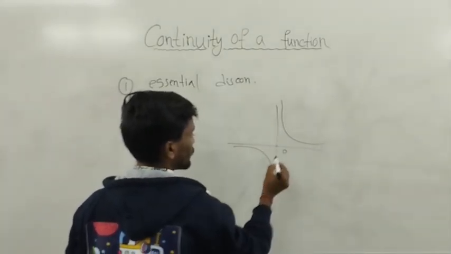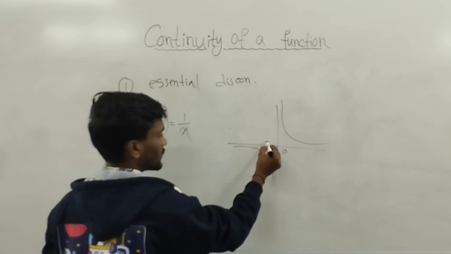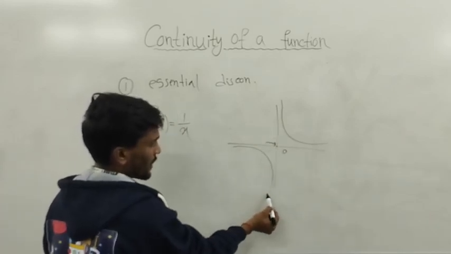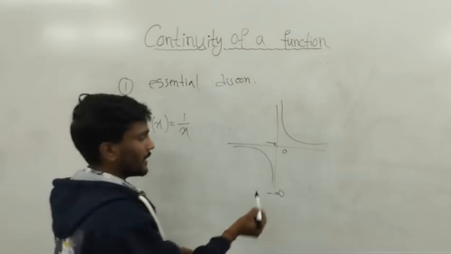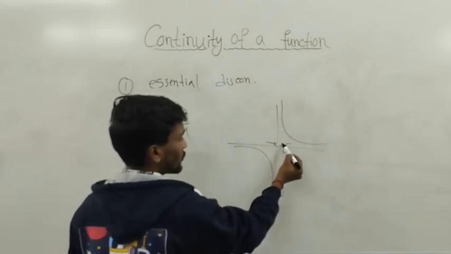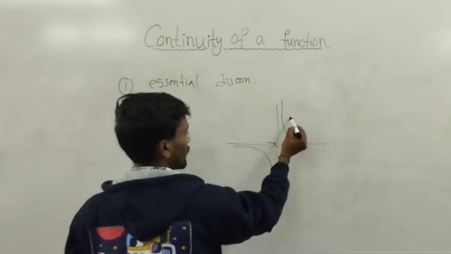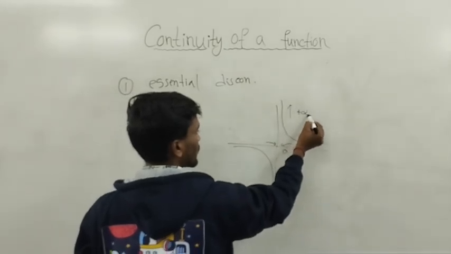Here at 0, if I tend x towards 0 from the left, I will get f(x) as minus infinity. And if I tend x towards 0 from the right side, then I will get f(x) as plus infinity.